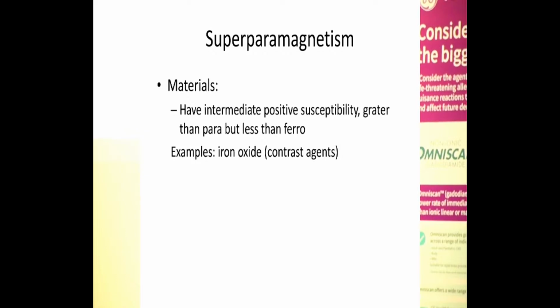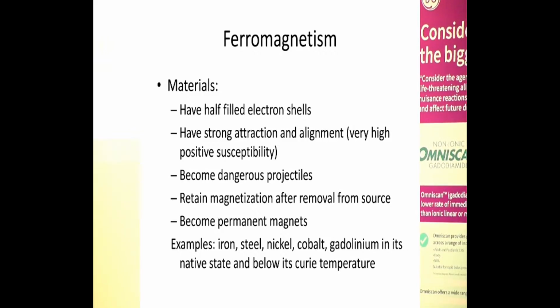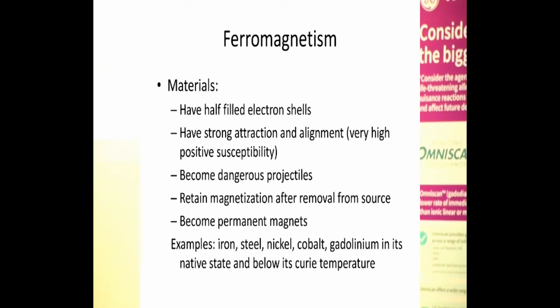To our last magnetic material, we have ferromagnetic, I mentioned earlier. These materials have half-filled electron shells. They have a strong attraction and align very well with magnets, so they have a high positive magnetic susceptibility. And they are very dangerous projectiles. Such ferromagnetic materials include iron, steel, nickel, and gadolinium in its native form.